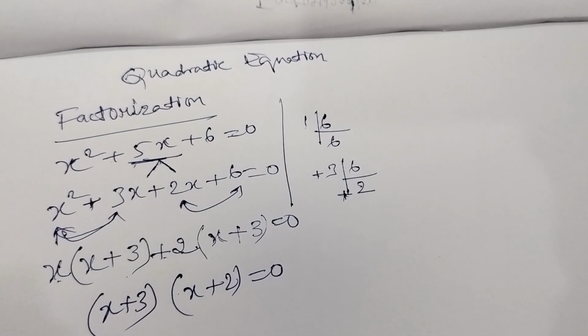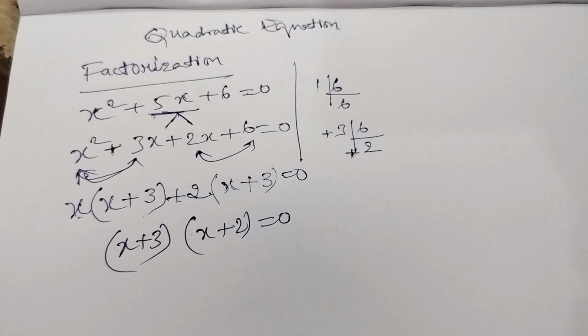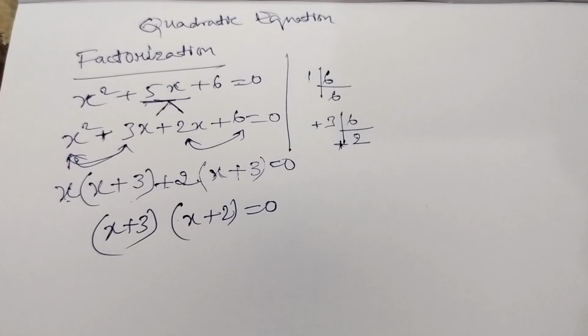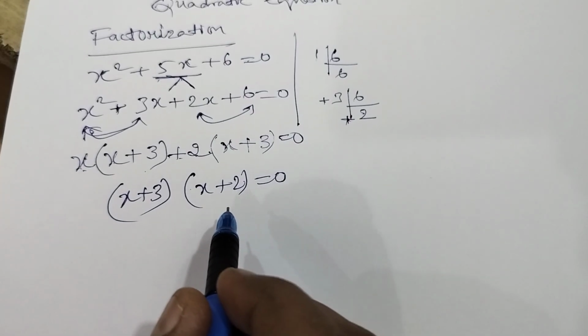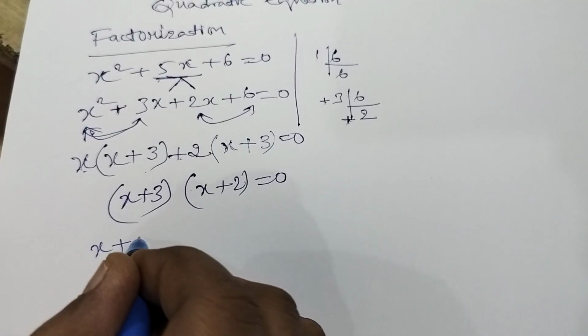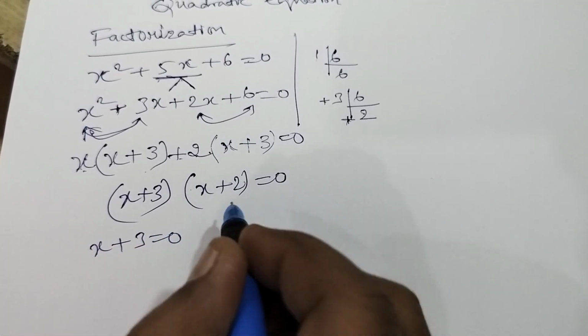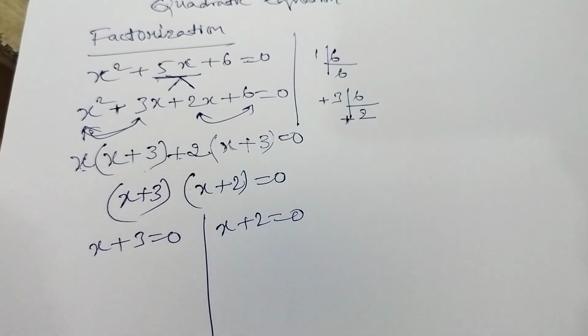Since this is a quadratic equation, we will get two solutions. So x plus 3 times x plus 2 is equal to 0. Considering separately, x plus 3 is equal to 0, which is one part, and x plus 2 is equal to 0.